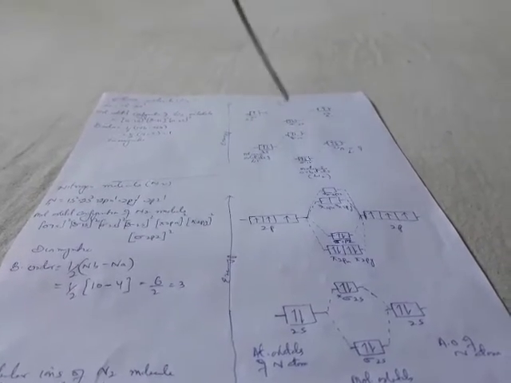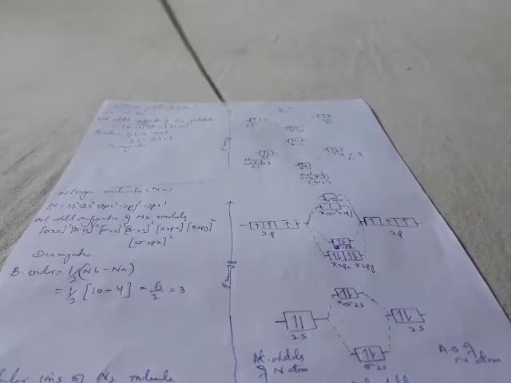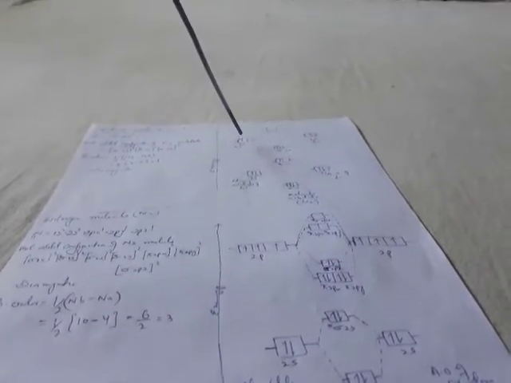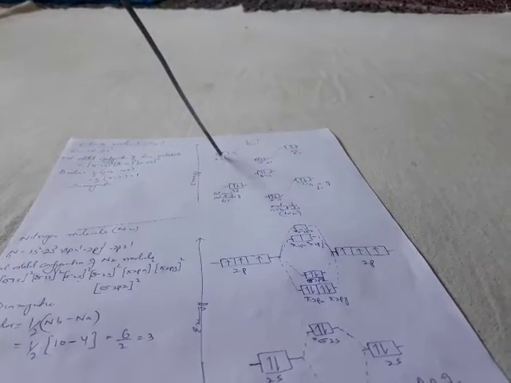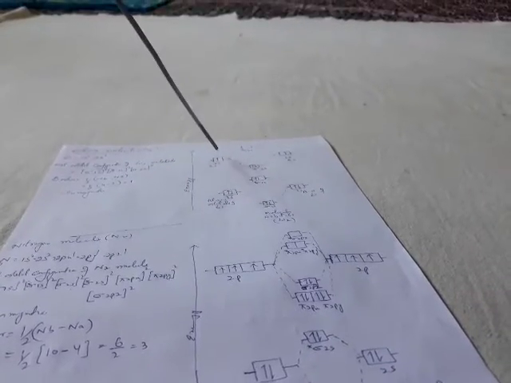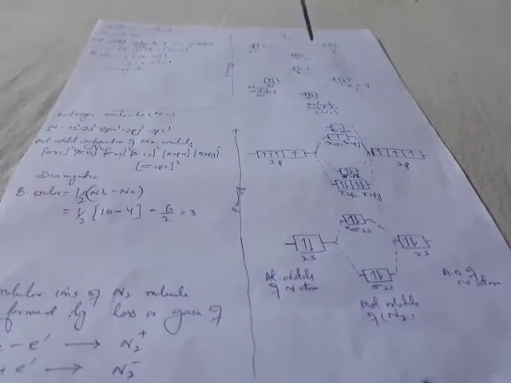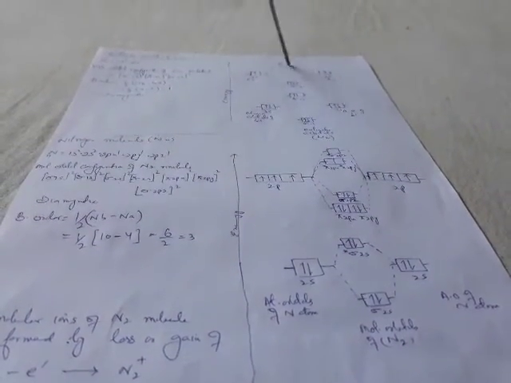Then we have the second shell. In the second shell we have 2s1, that is, a half filled atomic orbital. The half filled 2s1 orbital of one lithium atom and the 2s1 of the other lithium atom again combine or overlap, giving rise to another two molecular orbitals, sigma 2s and sigma star 2s.